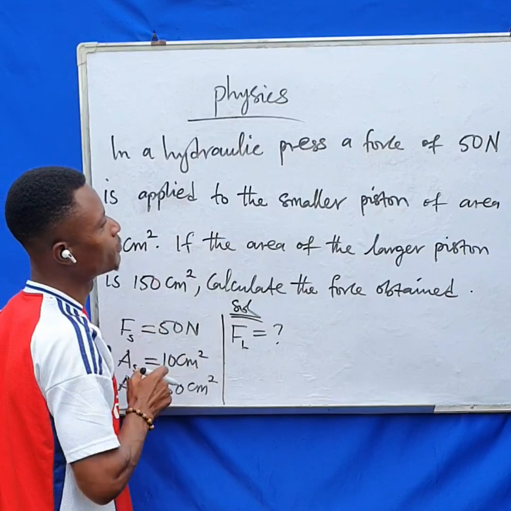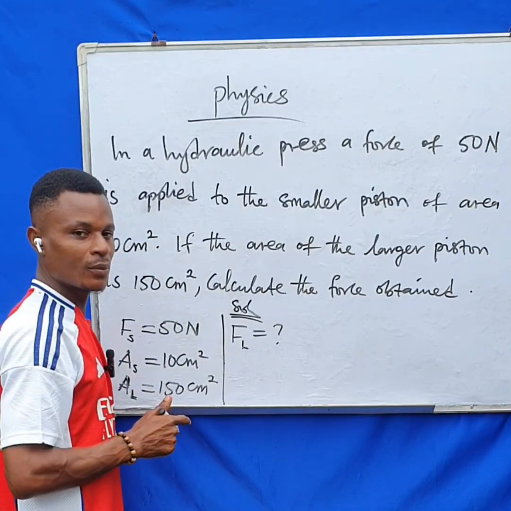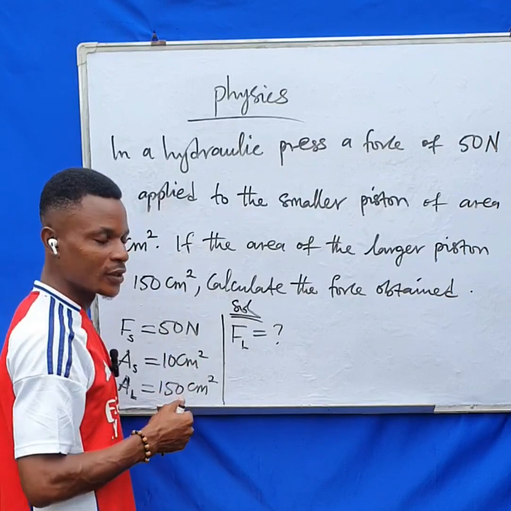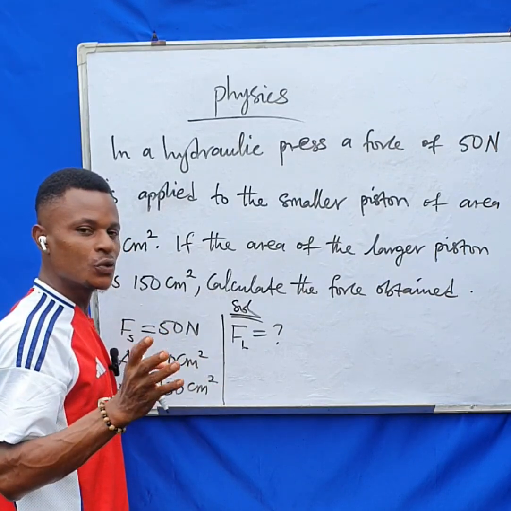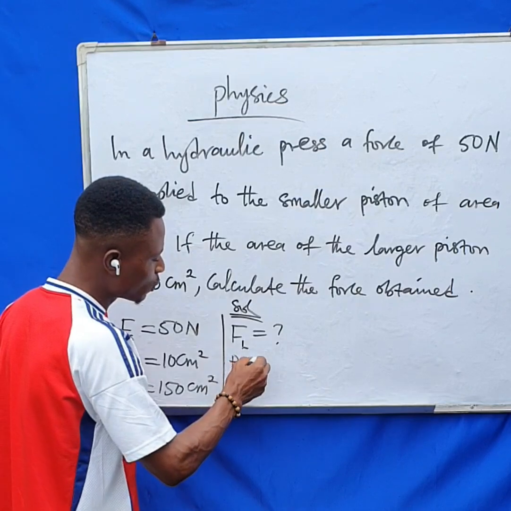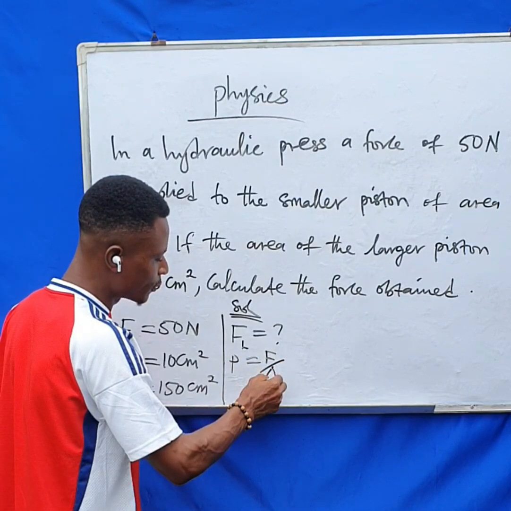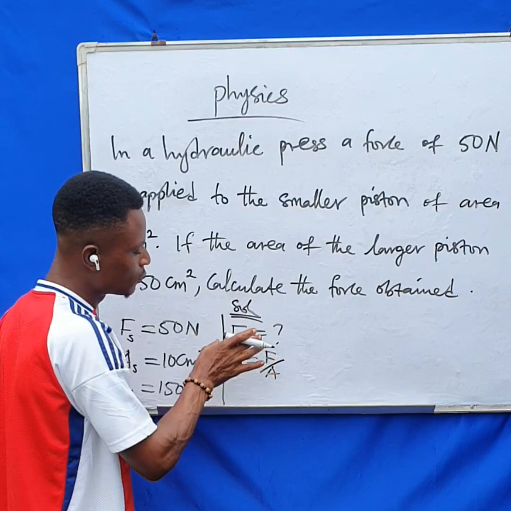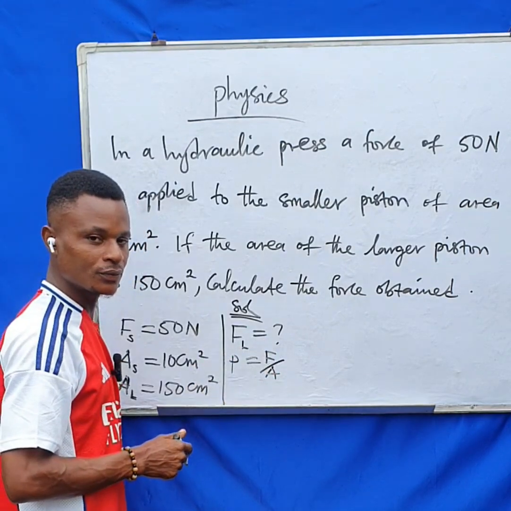Since this talks about pressure, because pressure is being applied, you have to know the general formula for pressure. By default, pressure is equal to force over area. This formula or this equation is constant for pressure.